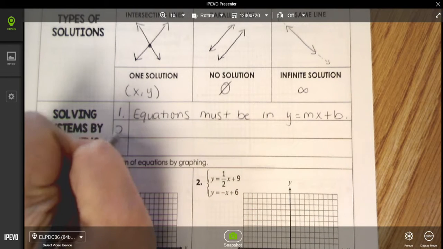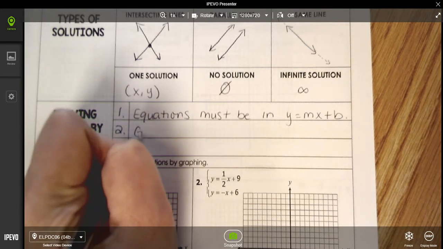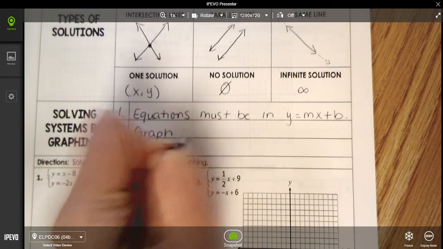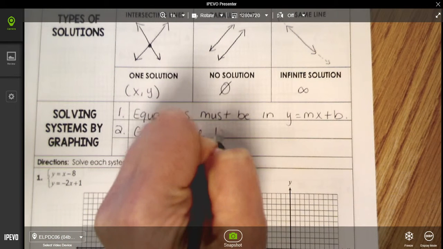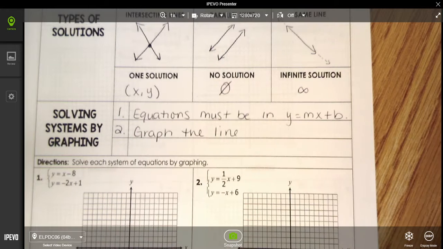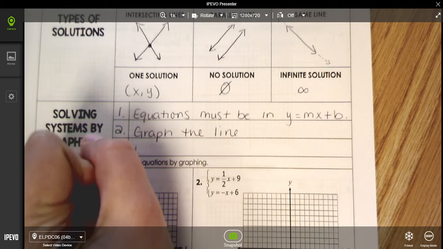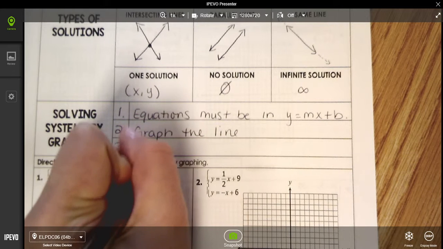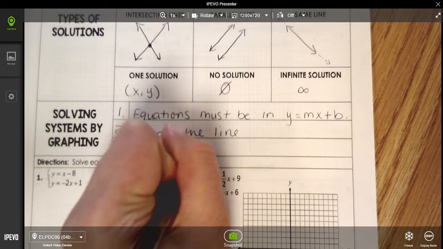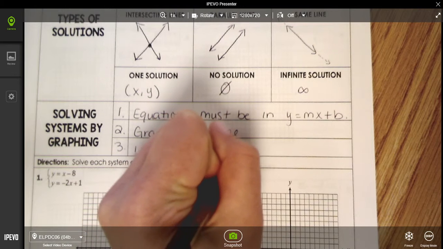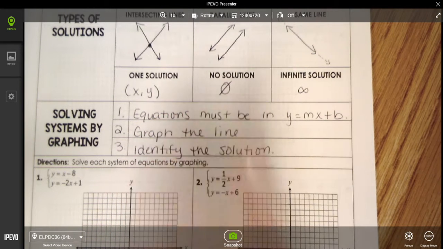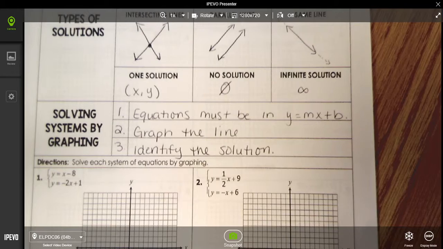Step number two, you want to go ahead and graph the line. And then step number three, you want to identify the solution. And remember, your solution is where the two lines cross.